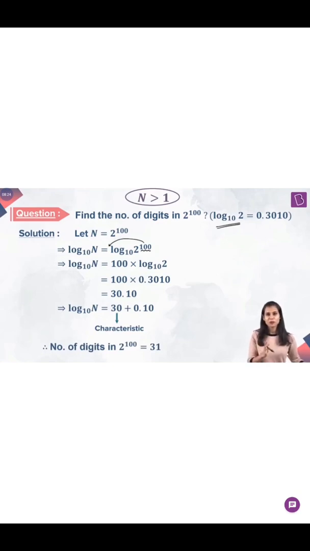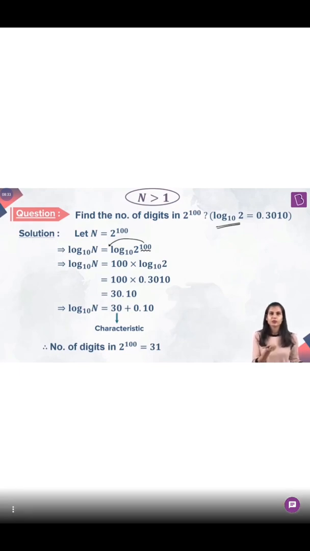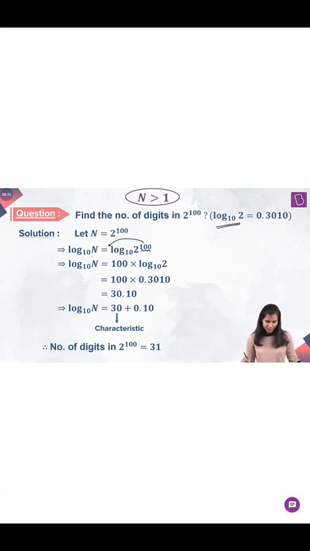It seemed so impossible to calculate the number of digits in 2 to the power 100, but can you see how beautifully the characteristic property gave us the answer? Clear? So this was the application of characteristic corresponding to inputs greater than 1.